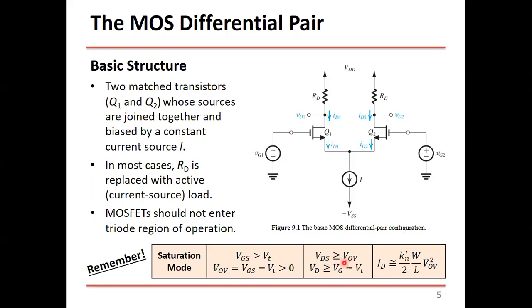If we substitute the overdrive voltage with VGS minus VT, then VDS should be greater than VGS minus VT.